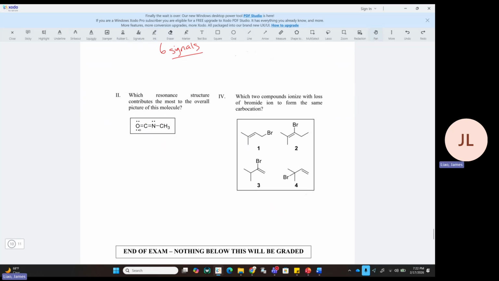I'm going to put the bond back at the oxygen, O minus, and since that will cause a C plus, I could put it over here so that we have O, C, N, and CH3. So that's O minus, C, N plus, CH3. That's one way. Another way is to put them back like this.